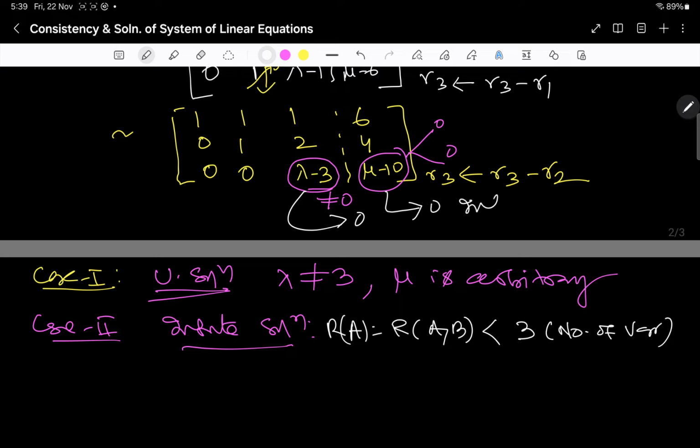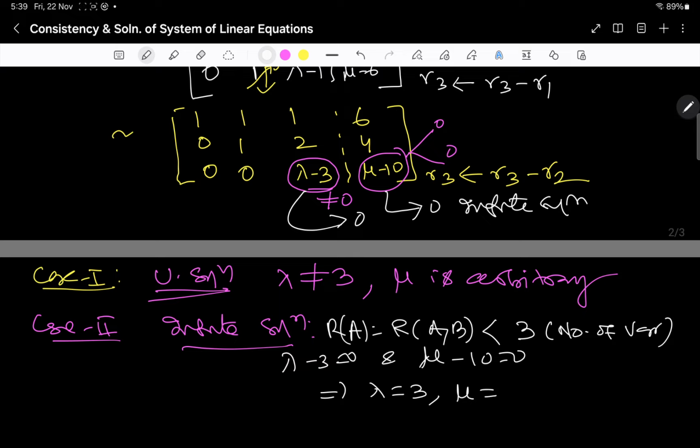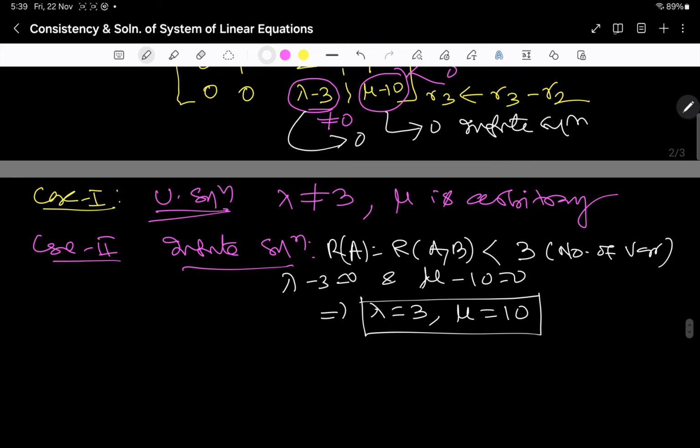Then only you will find infinite solution, is it not? So we are getting here lambda minus 3 is equal to 0 and mu minus 10 is equal to 0. So this implies my lambda is equal to 3 and mu is equal to 10. Okay, so under this case it will lead you to infinite solution.